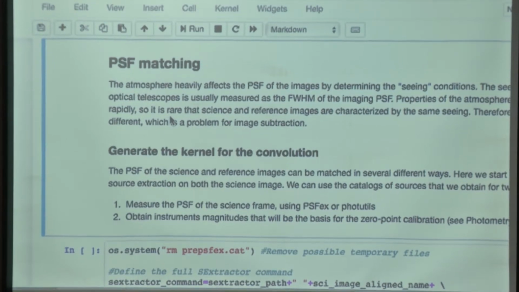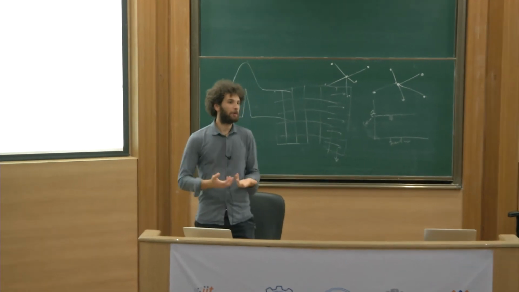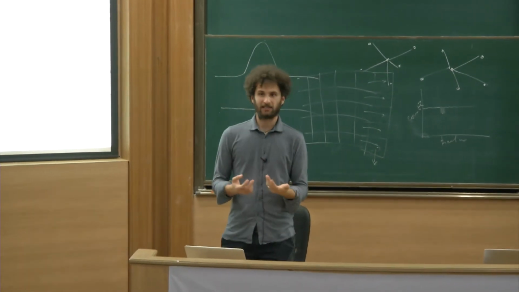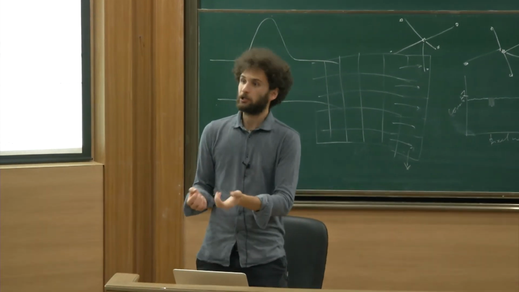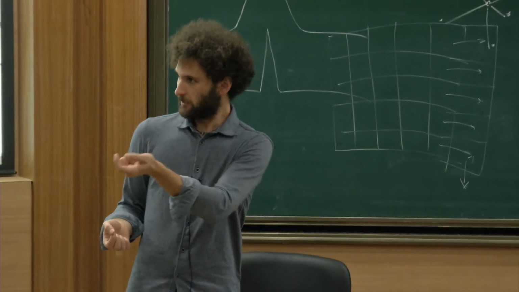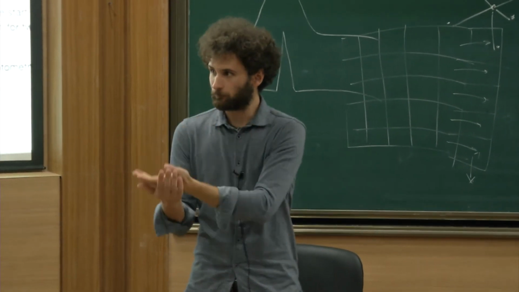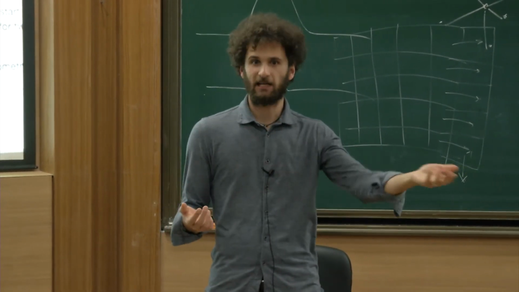The key to this operation is, first of all, an accurate estimation of the shape of the point spread function. And the second step is a convolution. Sometimes we may like to just take the reference image, which we usually expect to be very good, with good seeing, so with a small PSF, and convolve it with the PSF of the science image.